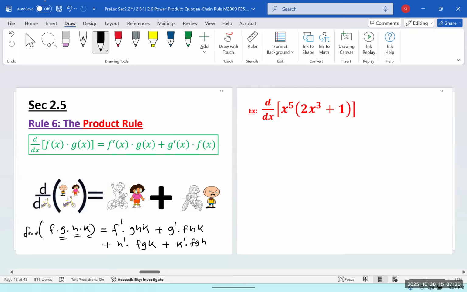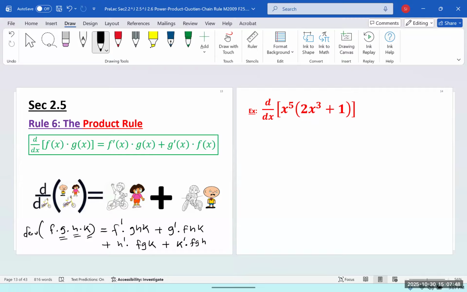So let's take the derivative of this function. Yes, you can distribute, but then you are not going to learn the product rule. So without distributing, using the product rule, how do you find the derivative? It says find the derivative of this function with respect to the variable x. This is what it means: what's the derivative of this function with respect to x?